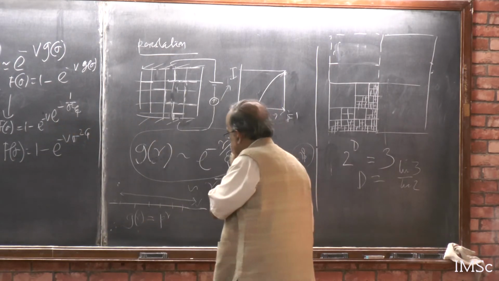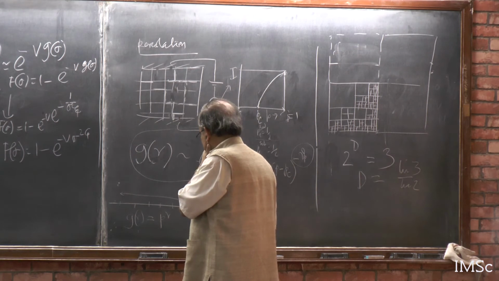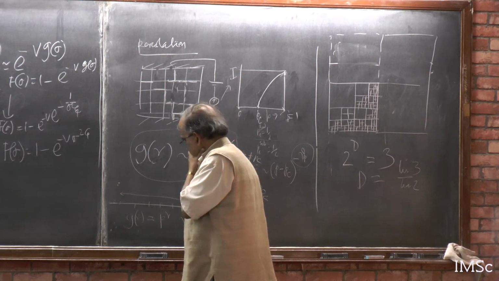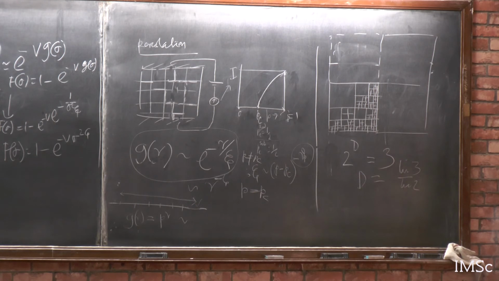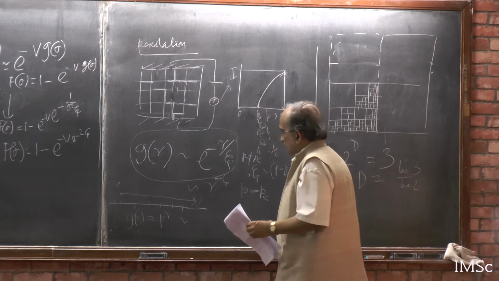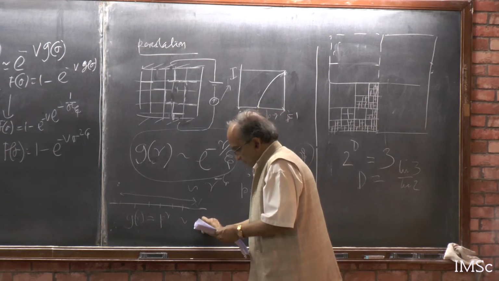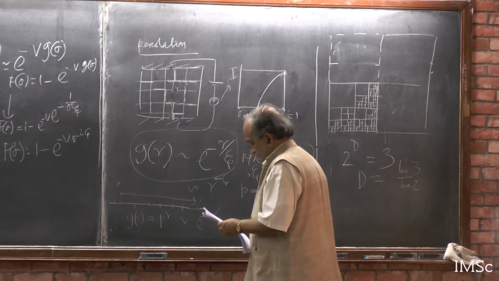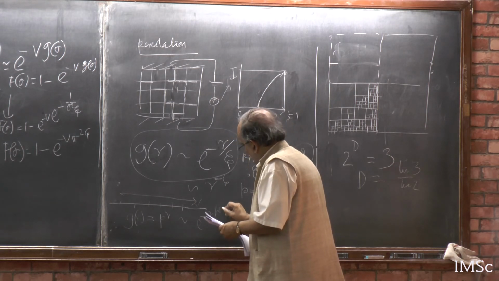Now that can be written as e to the power minus r into log of 1 by p.